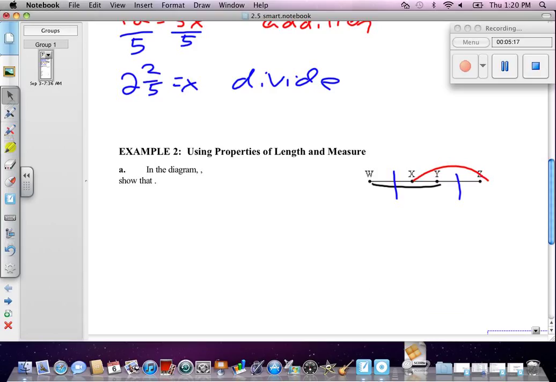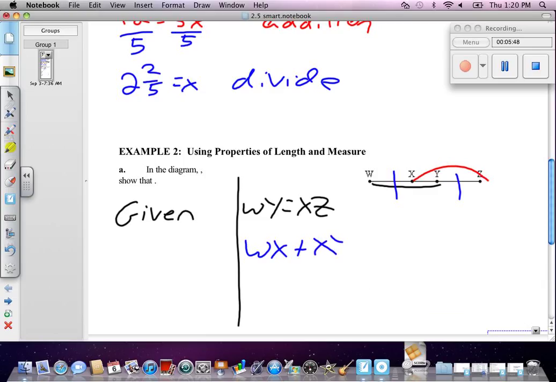So first I'm going to write down, I am given, that WY equals XZ.